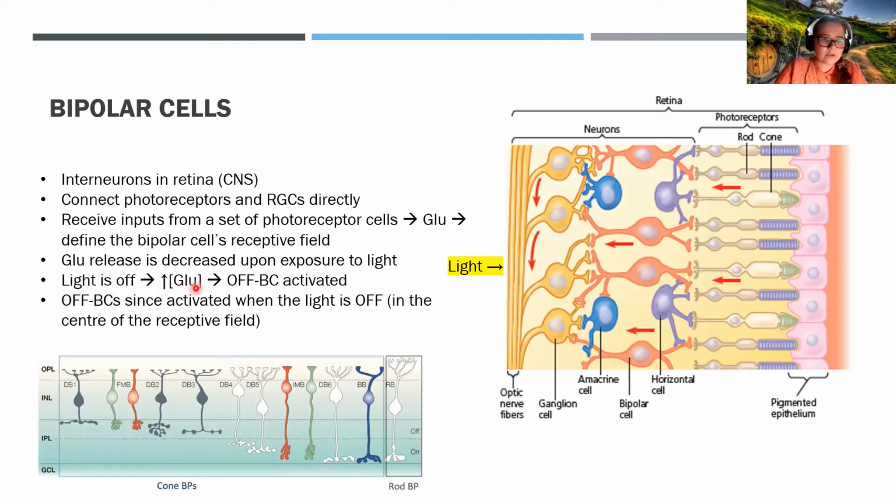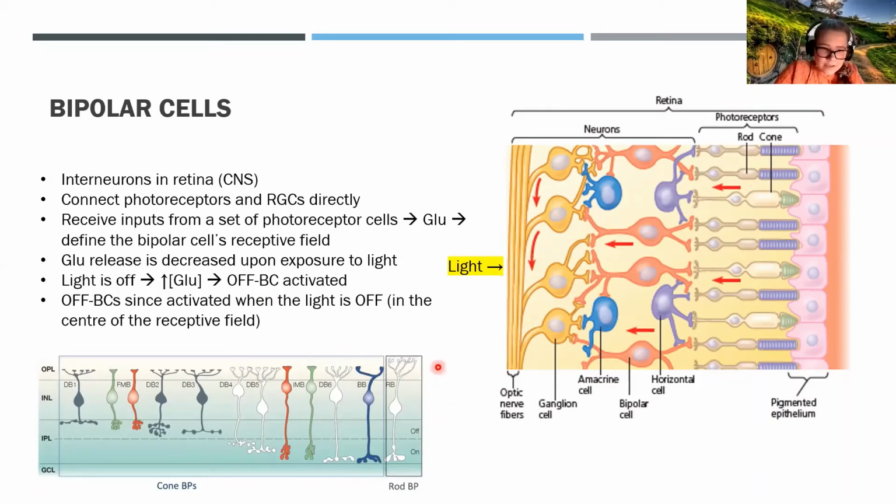We have a lot of glutamate released by photoreceptor cells, and the off bipolar cell is activated then. Why is it called an off bipolar cell? Because it is activated when the light is off. You can remember it like that.